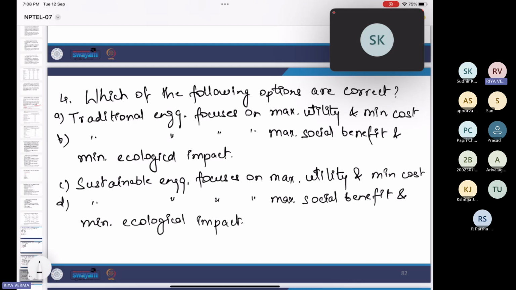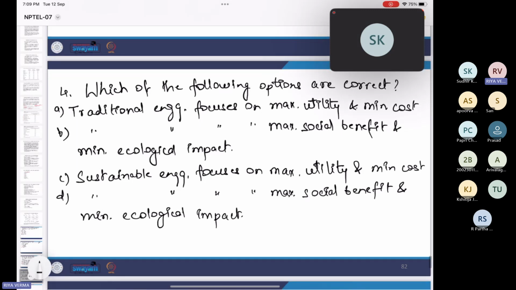So the fourth question is, which of the following options are correct? Option A, traditional engineering focuses on maximum utility and minimum cost. Let me just read the options first because I think some of the students use mobile phones, so the screen is not clearly visible. I'll just quickly dictate the question and after that you may answer.